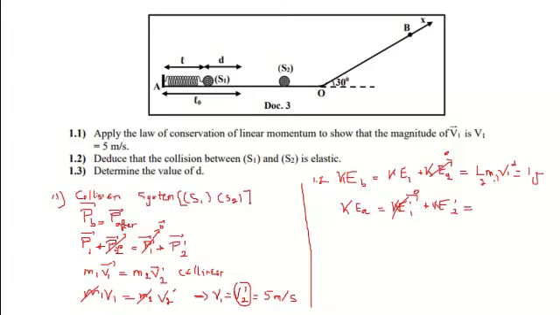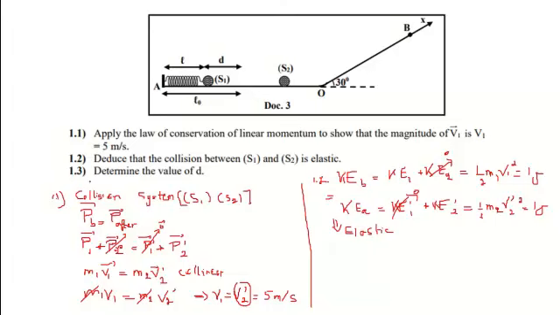The mass is 0.08 kilogram, the speed is 5 meters per second, so we have 1 joule. And here we have half M2 V prime 2 squared, which is also equal to 1 joule. Since they are equal, KE before equals KE after, this means that it's an elastic collision.